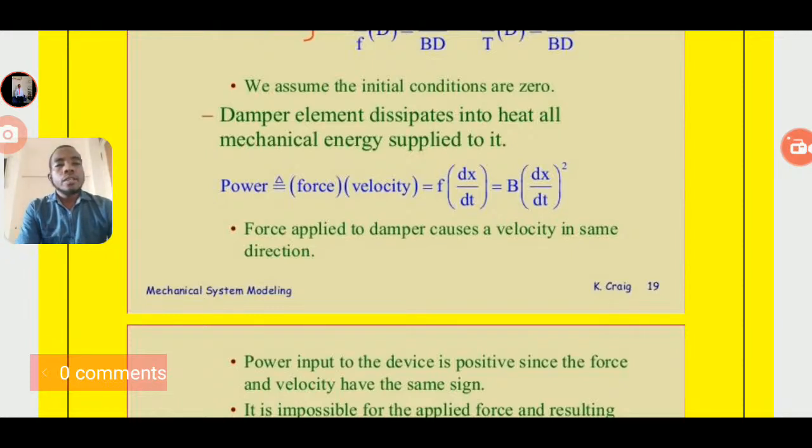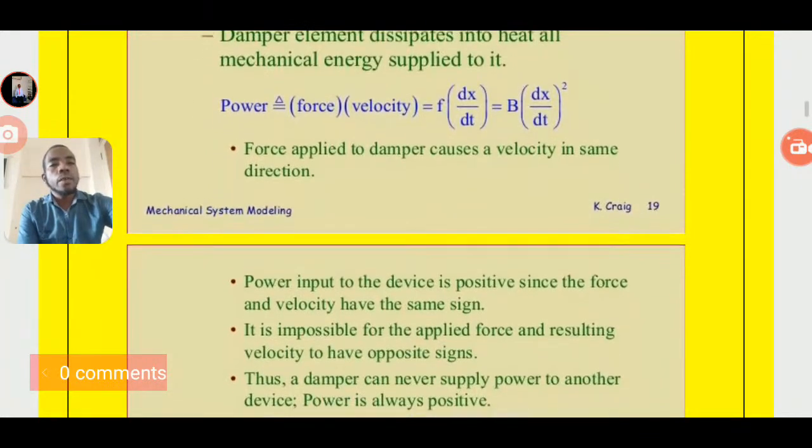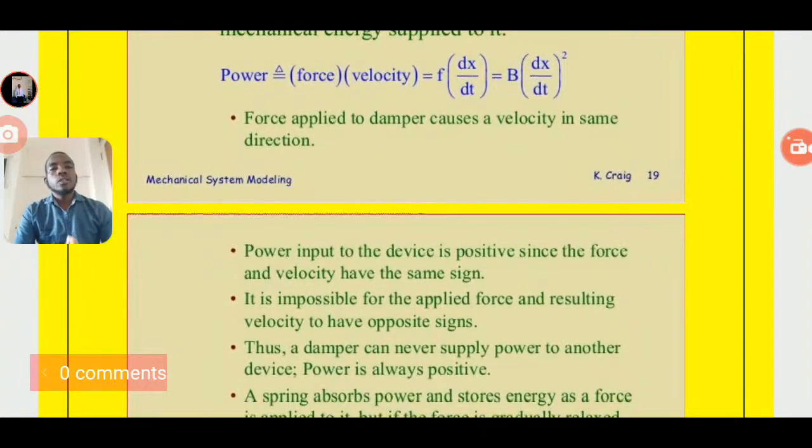The damper element dissipates into heat all the mechanical energy supplied to it. The power is equal to force times velocity, which is equal to f into dx by dt, which is equal to the dashpot b into (dx by dt) squared.